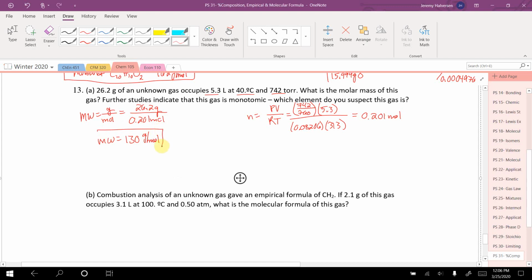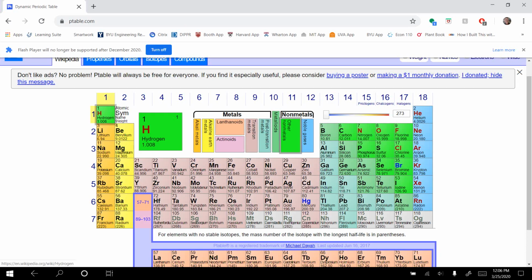That's my molecular weight. And then it says further studies indicate this gas is monatomic, so just one atom. So what do you expect it to be with a molecular weight of 130? That's going to be probably xenon.